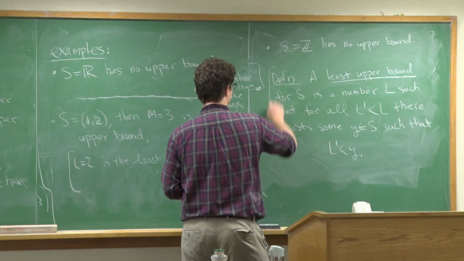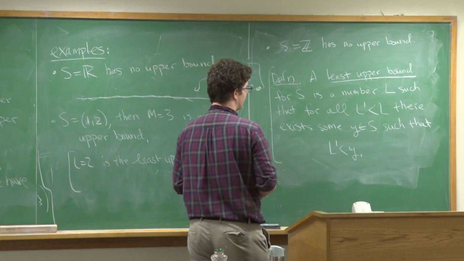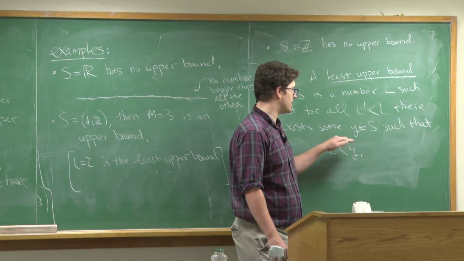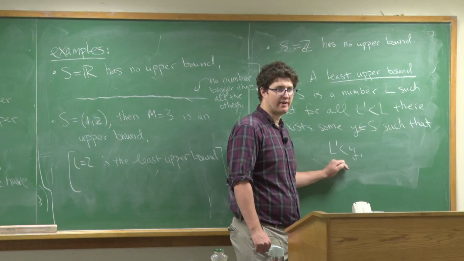So this is what a least upper bound is. Anytime you go lower than the least upper bound, it's not going to be an upper bound anymore. There's going to be something that violates it.